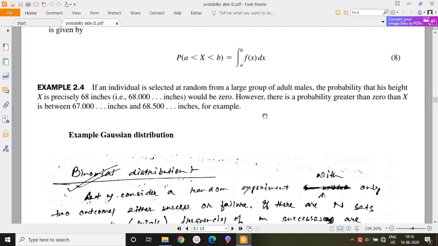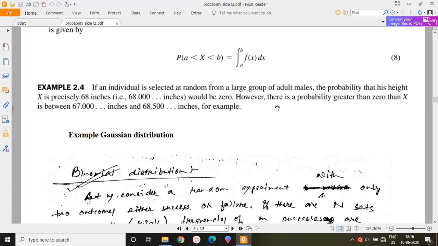Suppose you have done a random experiment of measuring the height of persons. If I ask what is the possibility of a person having height exactly 68.000 inches, it will be 0.